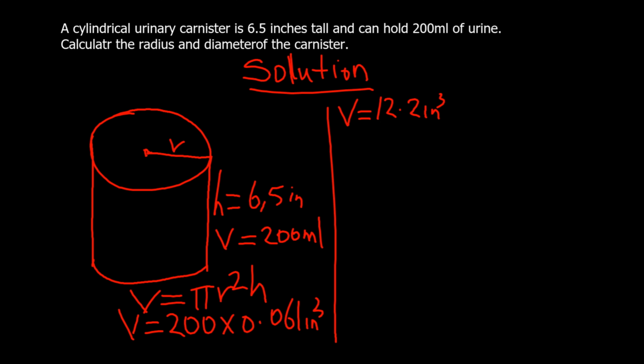So if we make the radius the subject of the formula, the radius would be equal to the square root of the volume divided by pi h. And remember that pi is 3.141592654.